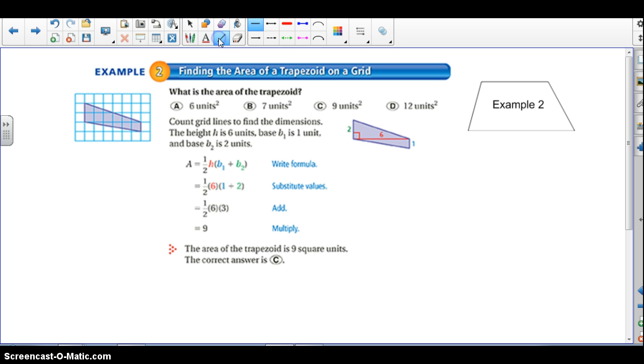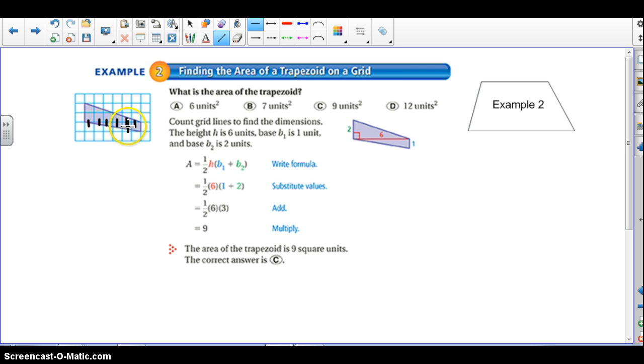Another way to do this, and this is what a lot of people do, is just to mark the lines. 1, 2, 3, 4, 5, 6. So you're putting a line right in the middle of each square.